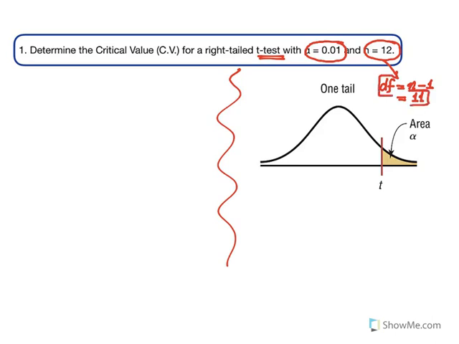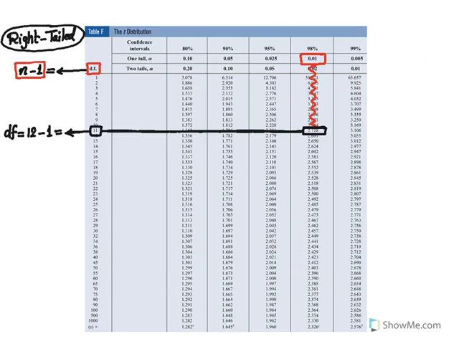And the other one is that alpha is 0.01, and also the fact that you have a right-tailed test. A right-tailed test is a one-tailed test. So now when we go to the t-table, right-tailed means that it's one tail, so you look at this part of the table and you go to the alpha that's given.